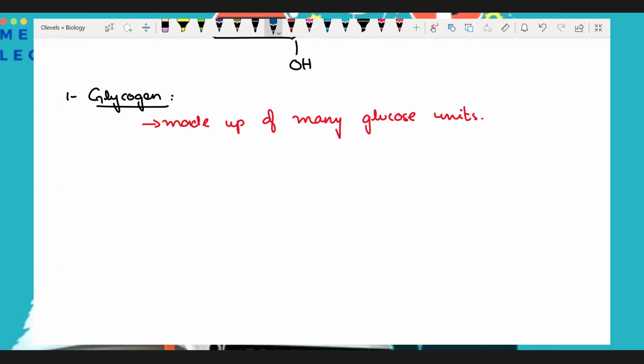Polysaccharide. Good. This glycogen is a storage form of glucose in animal cells, right? And starch is the storage form in plants. Very good.